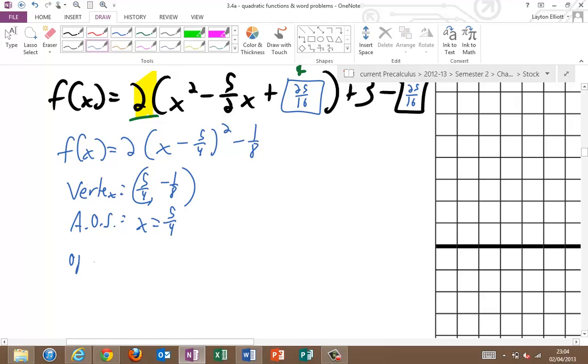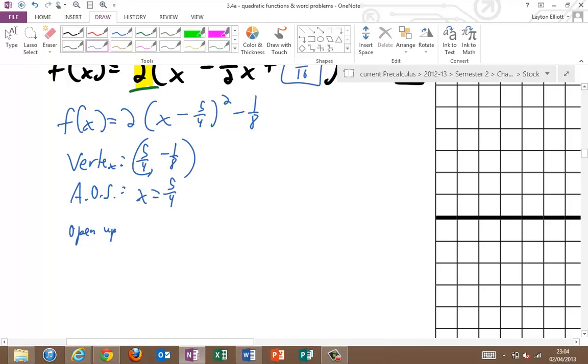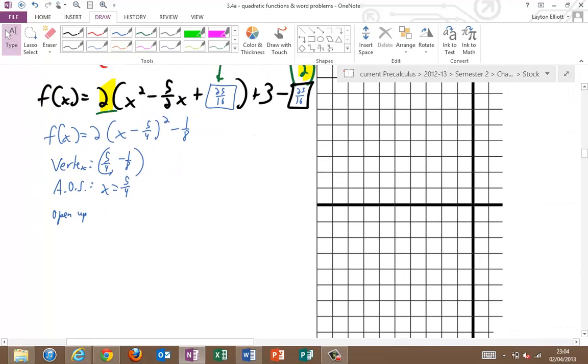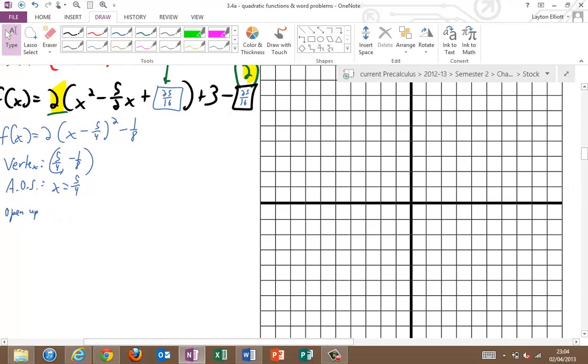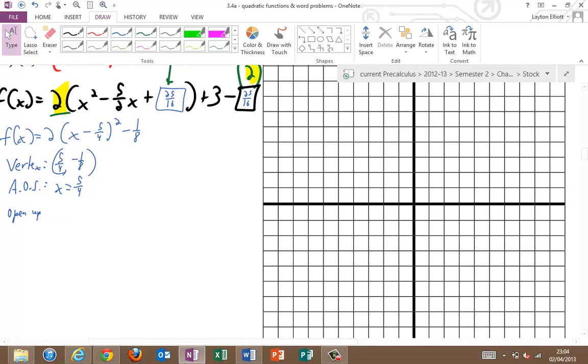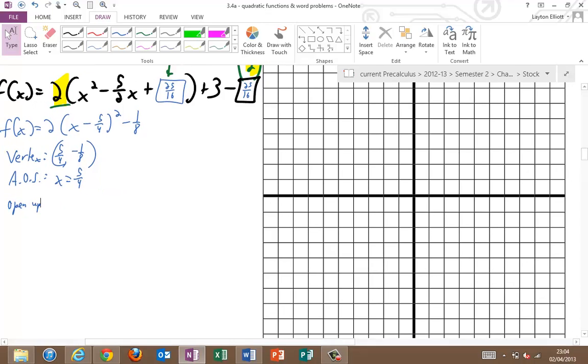We know it opens upward because it's a positive 2. Let's do intercepts. Actually, let's graph a little bit on here. If I look at the graph, maybe I'm going to want to make every box be different. You know, I've got fourths and eighths, so I have a vertex at 5 fourths and -1/8. Let's make every box be a fourth and see if that works out okay.